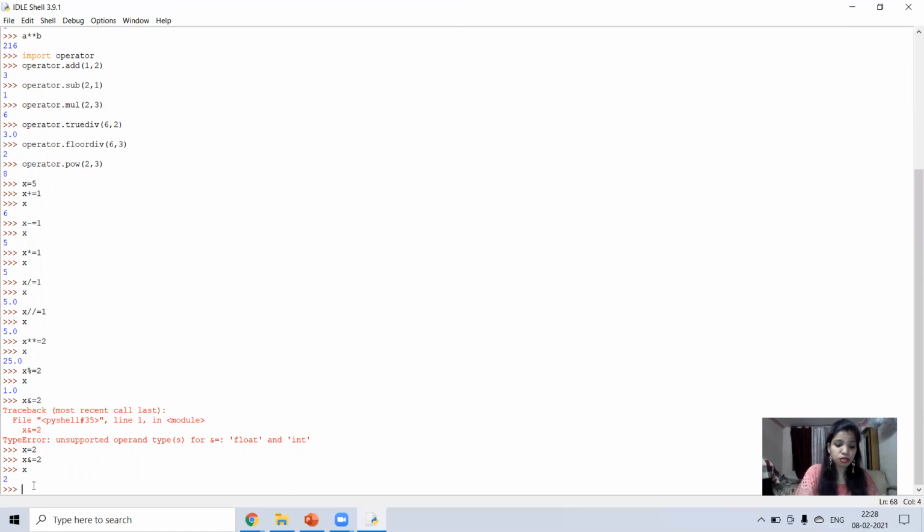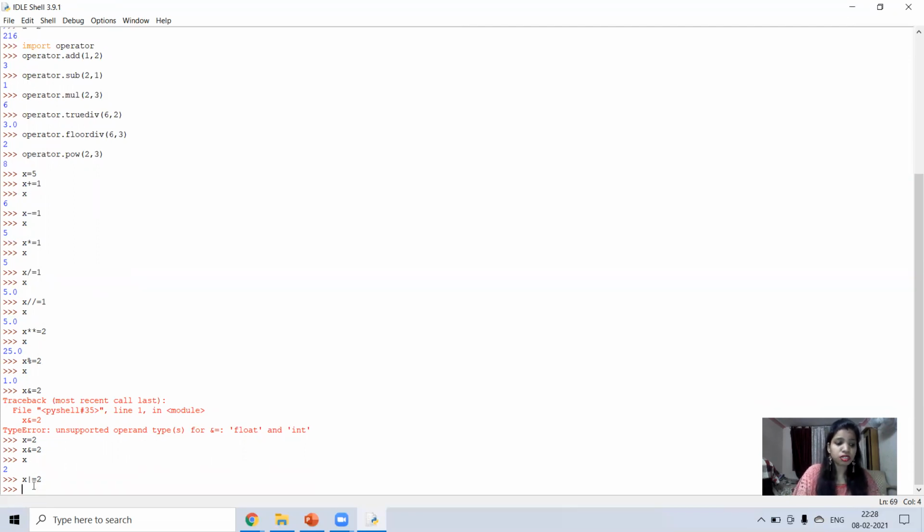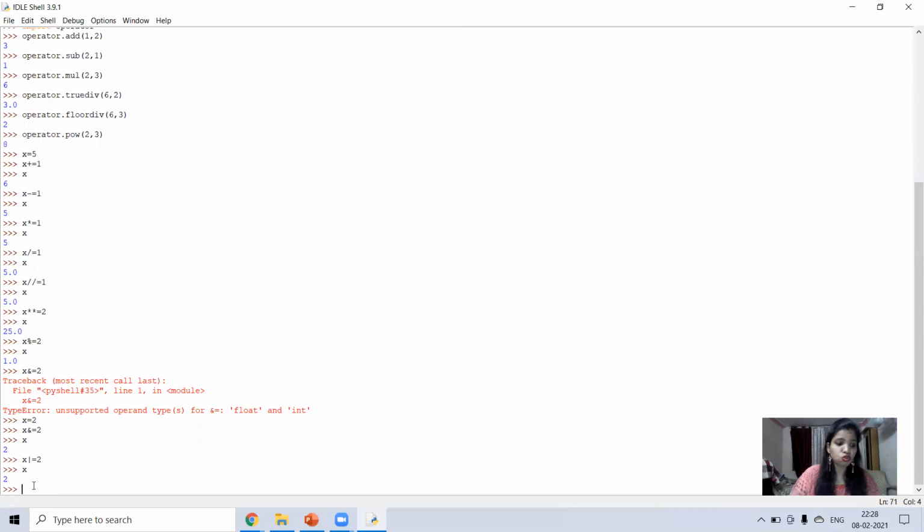Suppose the symbol for or, x or equals to 2. Now x is 2 and ORing operation with 2. Then perform it yourself and check whether you are getting the right answer or not.